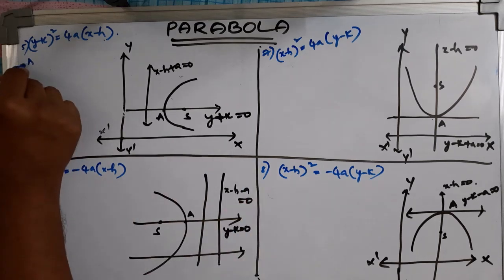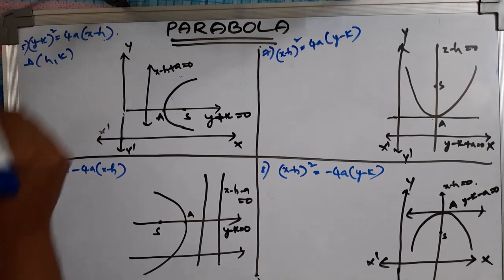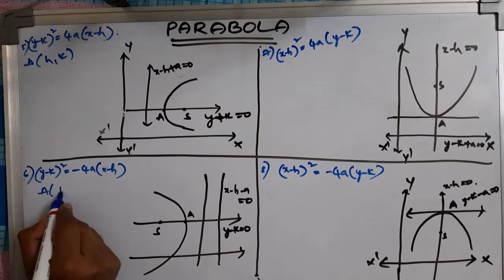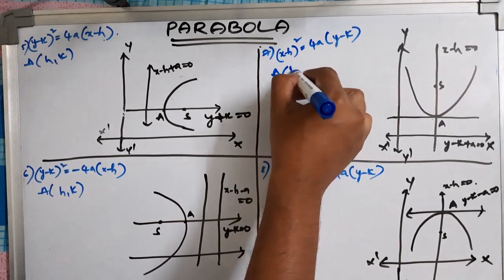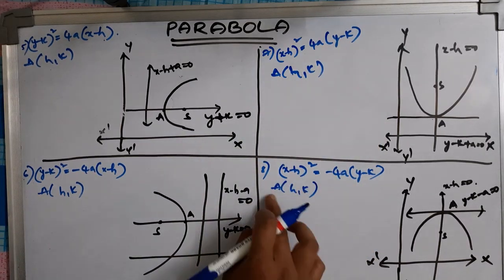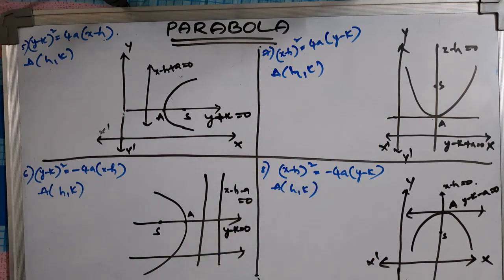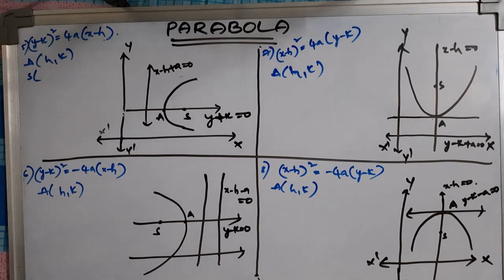So in all these cases, the vertex becomes h comma k. Vertex is h comma k, here also h comma k. And the second one is the focus.